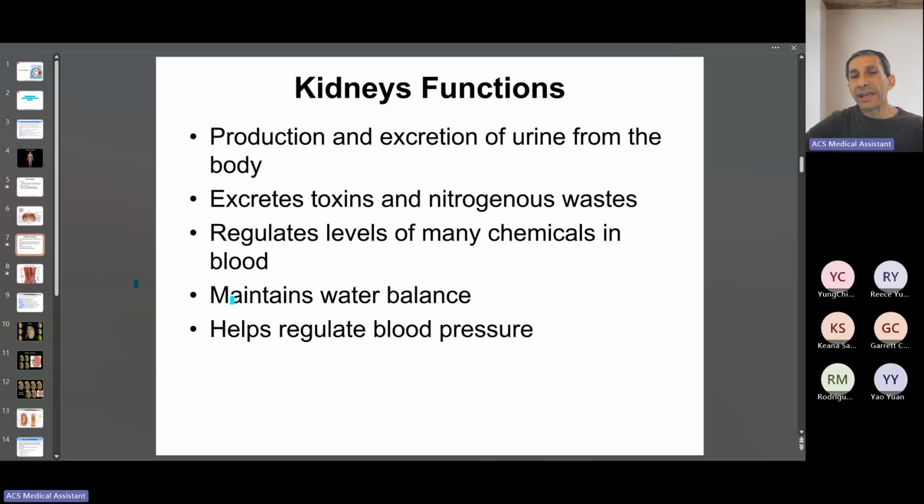By removing excess fluids, by maintaining this water balance, we are going to regulate blood pressure. Remember, blood is all these liquids and solids that run through all these blood vessels.